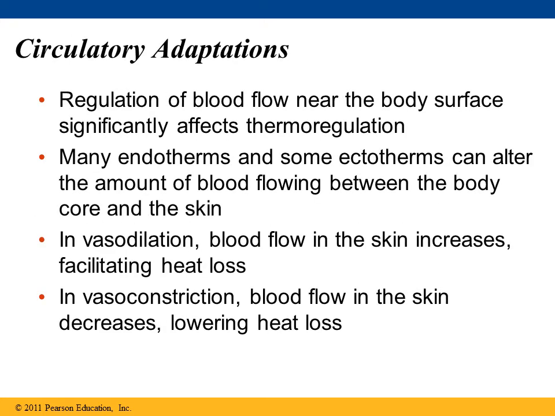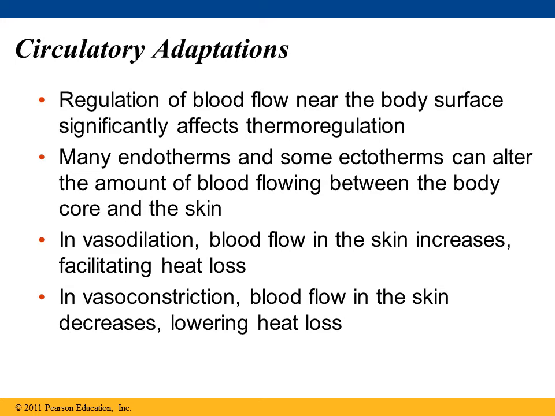The second type of adaptation that helps animals regulate their temperature is circulatory adaptations. So regulation of blood flow near the body surface significantly affects how an animal regulates its body temperature. Now, endotherms and some exotherms can alter the amount of blood flowing between the body core and the skin to help regulate body temperature.